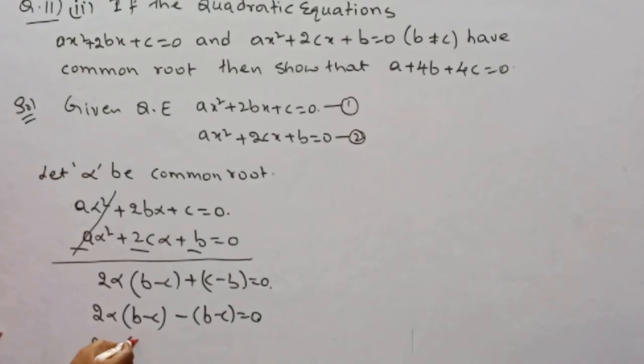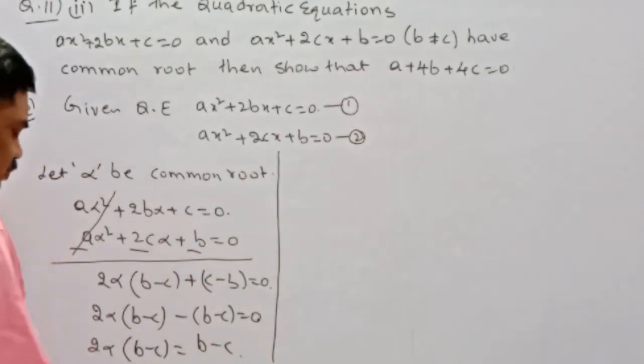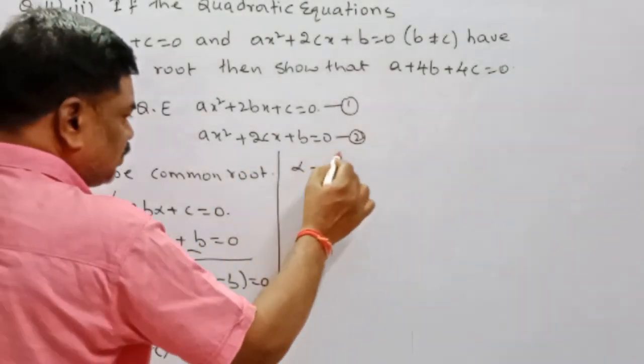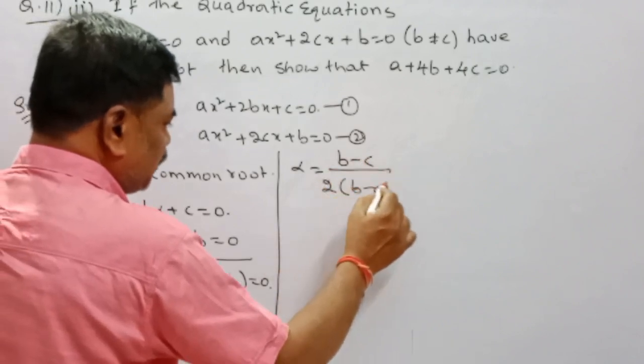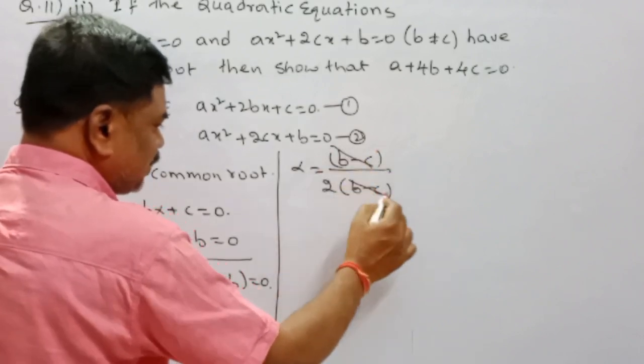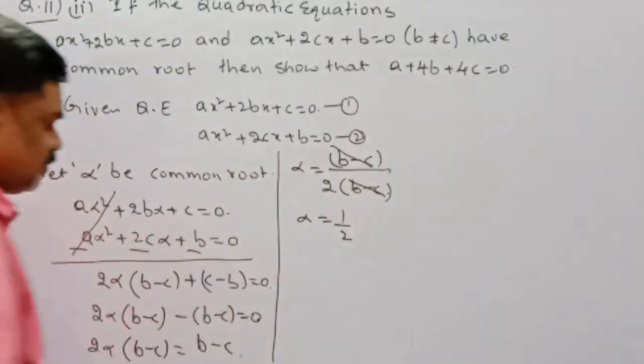So 2 alpha of b minus c is equal to b minus c. Then alpha is equal to b minus c by 2 of b minus c. The b minus c cancels, and alpha is equal to 1 by 2.